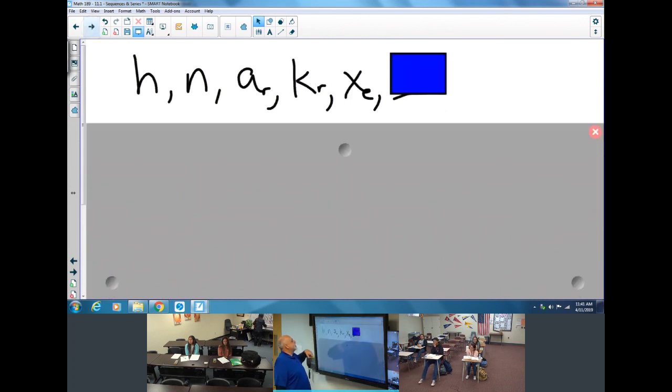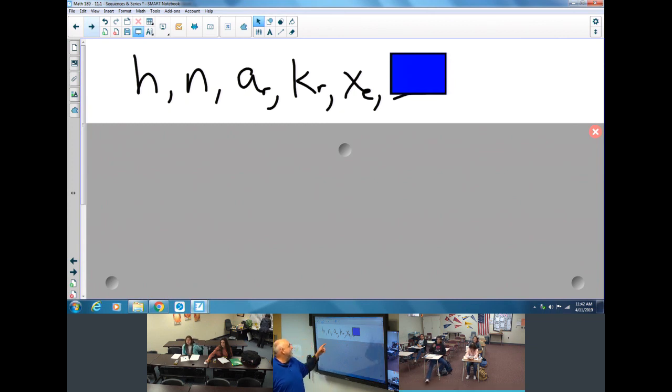Okay. All right. How about this one? Anybody have an idea of what this pattern would be? Aren't they elements? That's right. Anybody know what particular elements? Helium, nitrogen, argon. I don't know what the KR is.